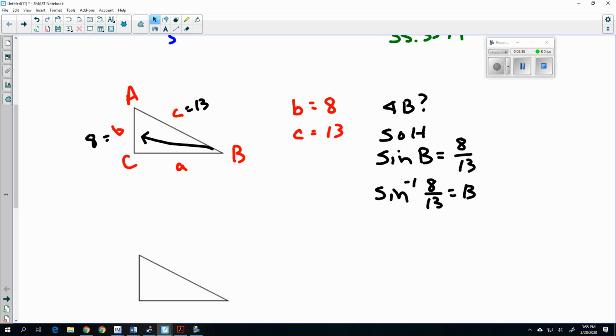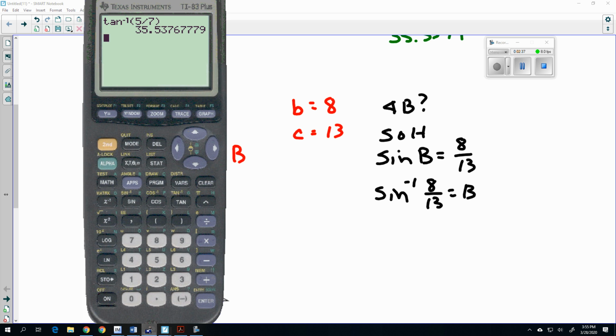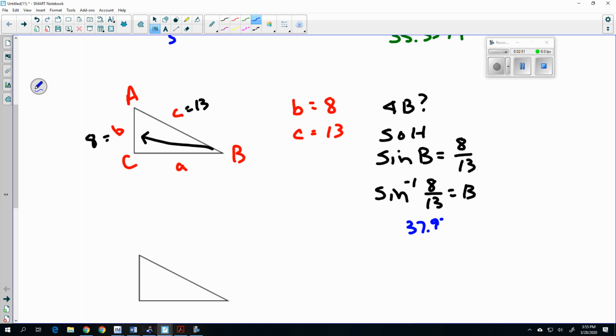So on my calculator again, I can find that through the second button. So I go second sine, because I'm undoing it, of the side lengths. And again, I chose the sine because of the relationship of the side lengths to the angle measure. And in this case, I get 37.9799 if I happen to round it.